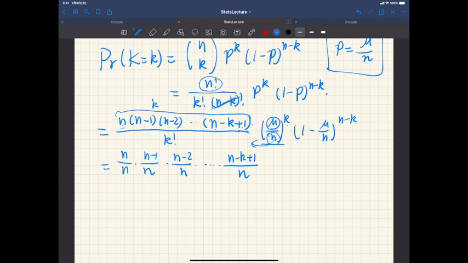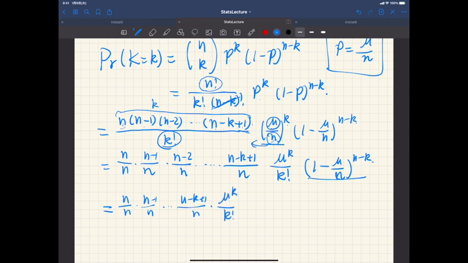We are left with mu to the power of k over k factorial, and we still have 1 minus mu over n to the power of n minus k. Let's split this into two parts: 1 minus mu over n to the power of n times 1 minus mu over n to the power of minus k.